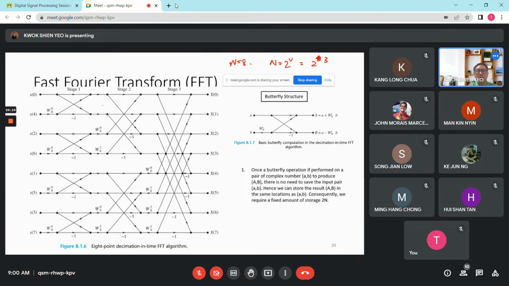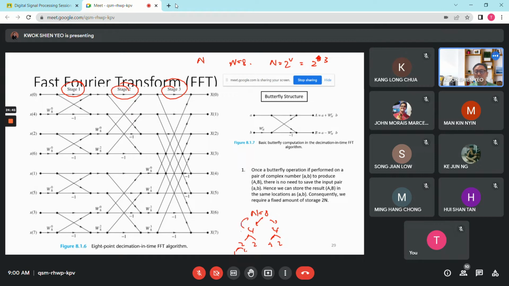So how do we break down this FFT into three stages? Remember that if N equals to 8, then you can break it down into a 4-point DFT. Then you can break it down into a 2-point DFT. Then you still can break it down into a 1-point DFT.